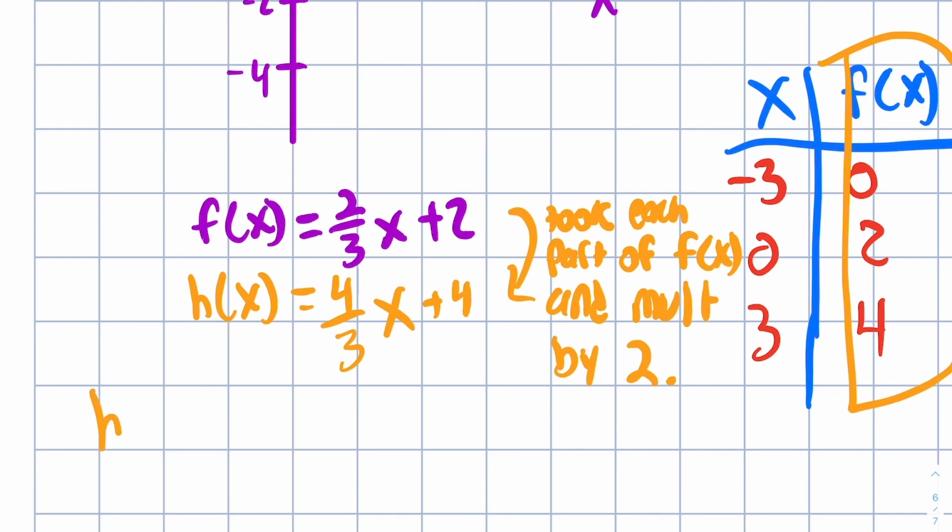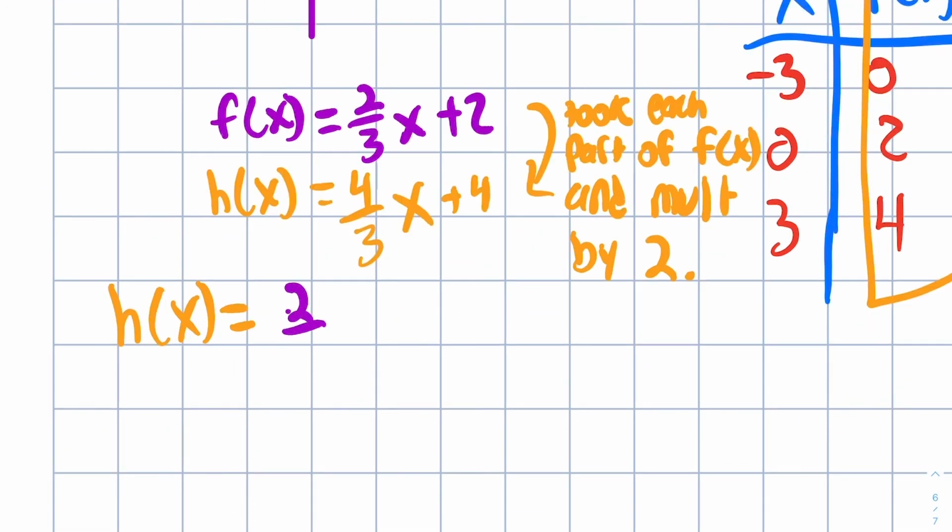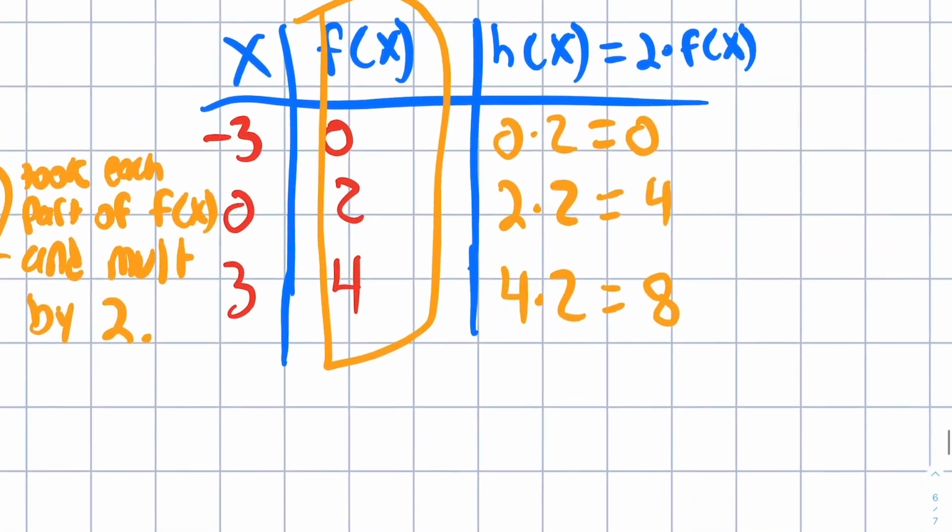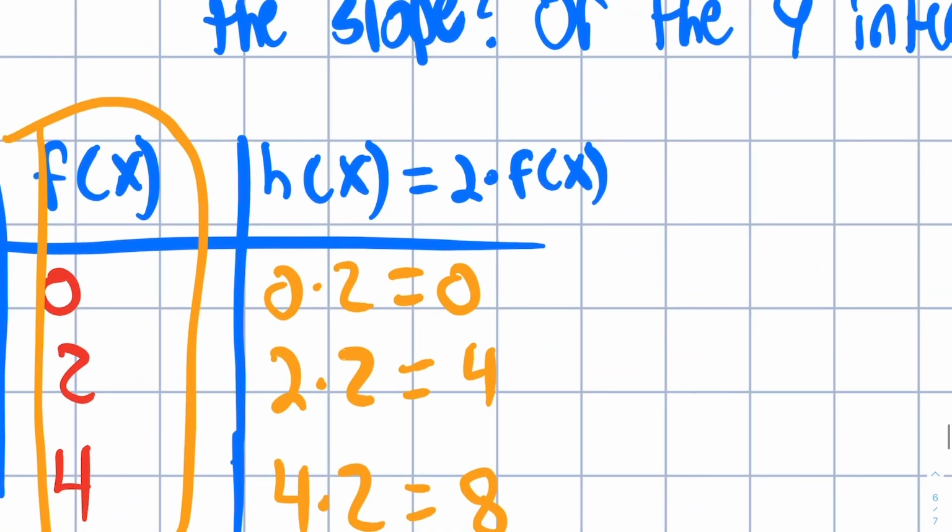So h of x was equal to, we took everything on f, I'll write it in purple, 2/3 x plus 2. To get h, we took everything from f and we multiplied it all by 2. Does that look familiar? That's what this said we were going to do.